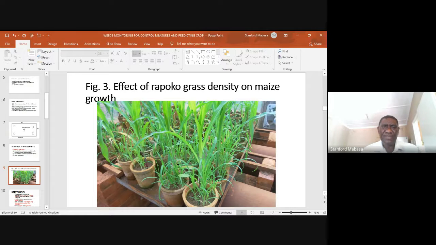Now, we can use pot experiments where we vary weed density in pots whilst we maintain the crop density constant. In this case, we maintain one crop plant per pot against various weed densities.